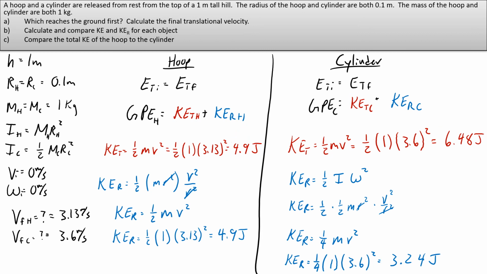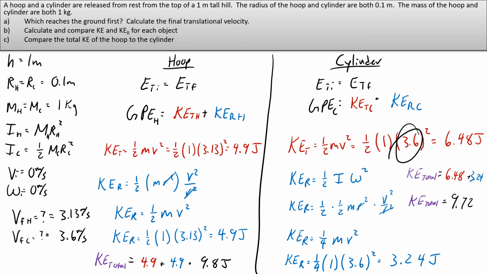Part C says compare the total. For the hoop, you have a total kinetic energy of 9.8 joules. That number seems familiar. For the cylinder, you get almost the same. It's like 9.72 something. So it's about 9.8. Why is it a little bit different? We rounded. So for my final point, let's just say it's 9.8 joules, because we rounded. It is 9.8 joules, the total kinetic energy, if we didn't round all our stuff.